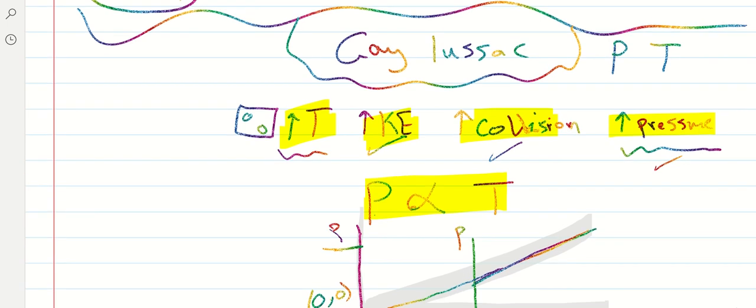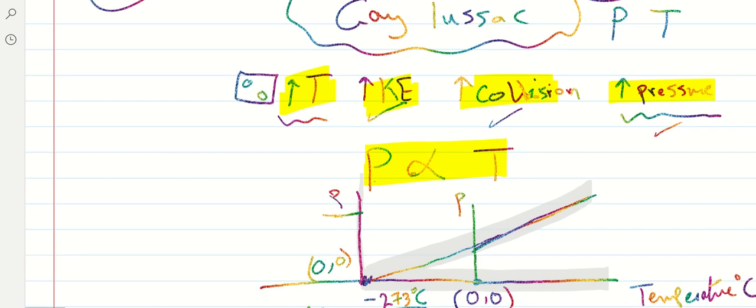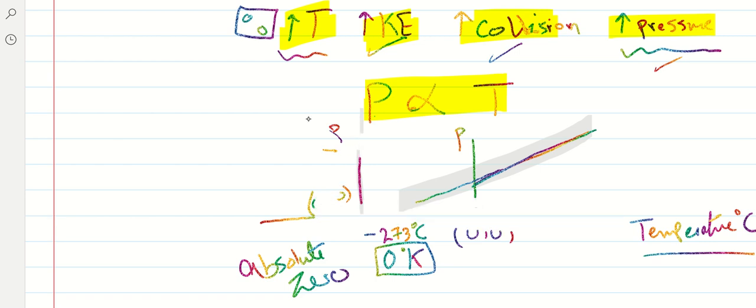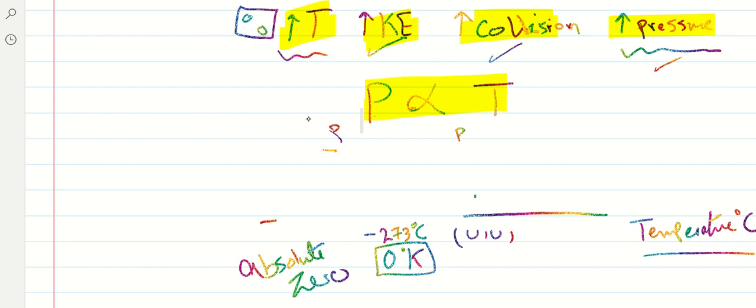But pay attention to this part. Let me come here. Let me erase it and try to draw it again with you. This is the relationship. This is pressure and this is temperature measured in Celsius, and this is the origin, which is 0, 0. If you draw the relationship, it will be like this.